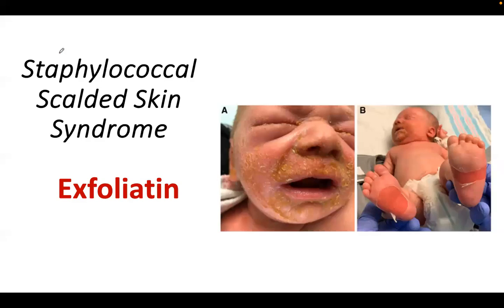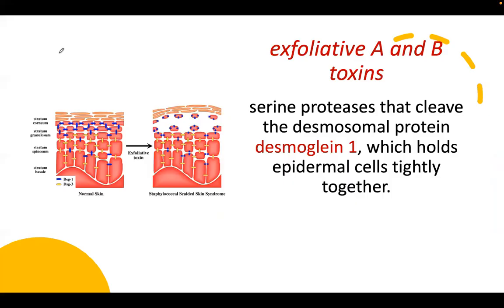Now, question: at what specific level is the involvement of staphylococcal scalded skin syndrome? Let's dissect this concept based on your textbook. Always remember, in staphylococcal scalded skin syndrome, there is splitting of the skin at the level of the stratum granulosum.